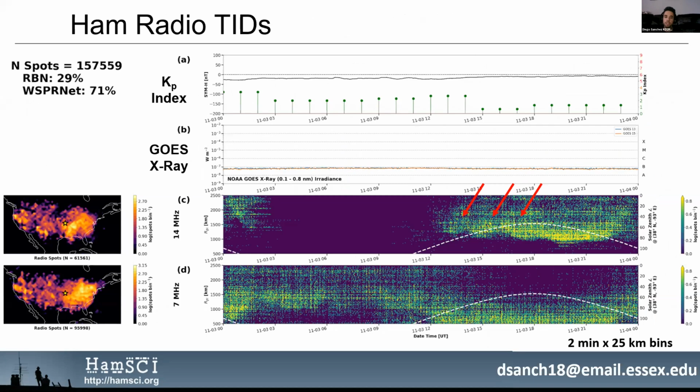We were primarily looking for geomagnetically quiet and solar flare quiet days, so these two top areas use the Kp index, SYM-H, and the GOES X-rays. November 3rd is fairly quiet, so these wave structures that we see in the TID data are very probably a TID.